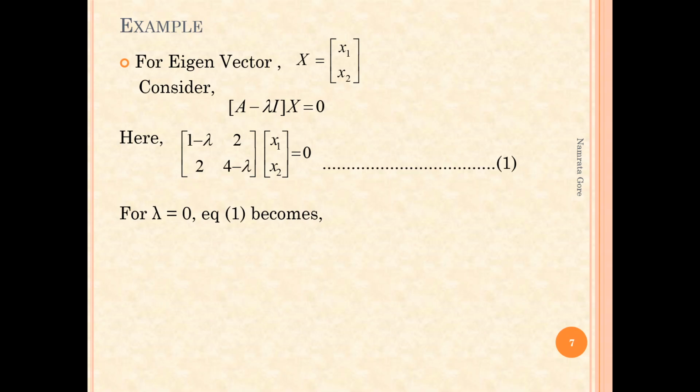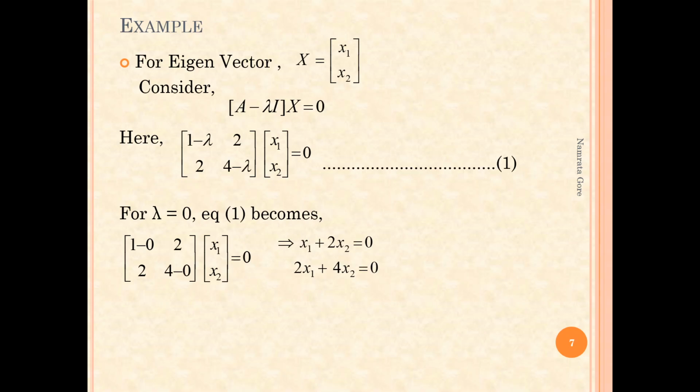Now for the first value of lambda, that is 0, equation 1 takes the form [1 minus 0, 2; 2, 4 minus 0] [x1, x2] equal to 0. By matrix multiplication, we get the two equations x1 plus 2x2 equal to 0 and 2x1 plus 4x2 equal to 0.